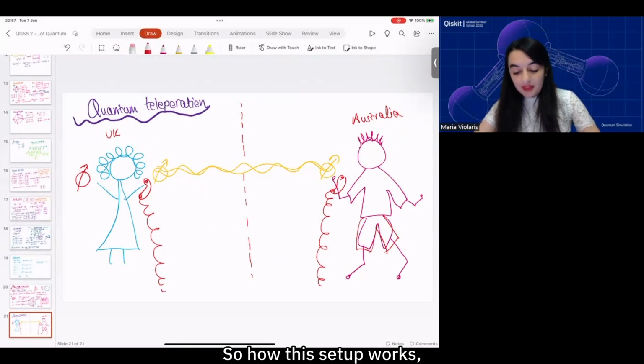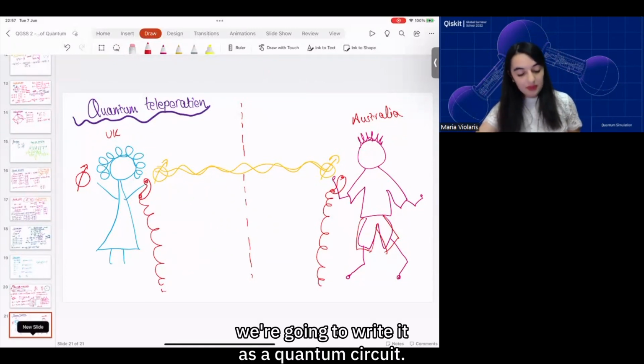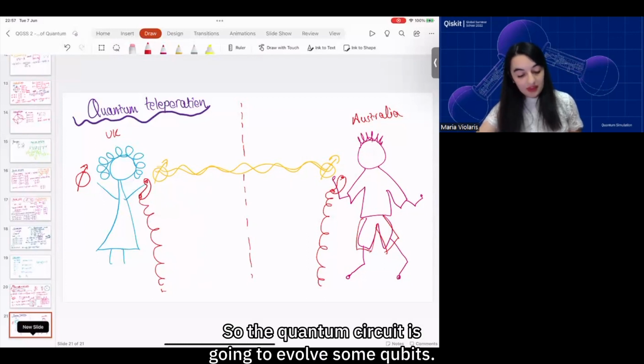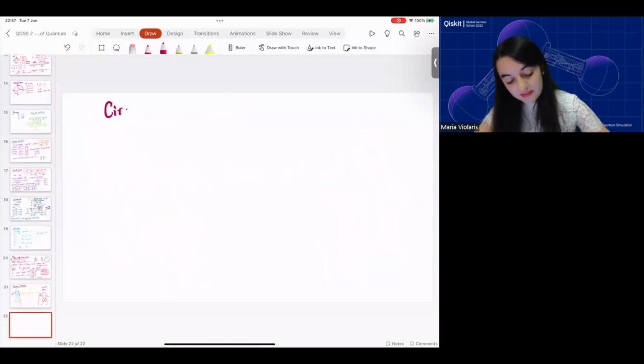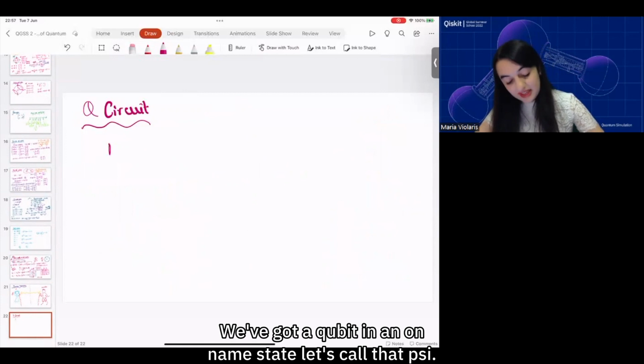So how this setup works, we're going to write it as a quantum circuit. So the quantum circuit is going to involve some qubits. We've got a qubit in an unknown state, let's call that psi.